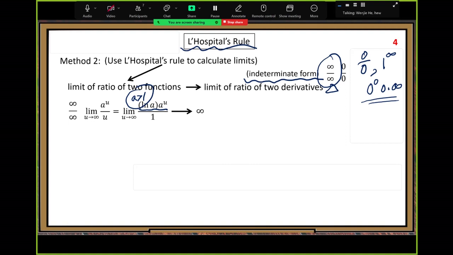So the answer is infinity. By L'Hopital's rule, we find this limit as u goes to infinity. That's the first way, calculated based on L'Hopital's rule. This is our first result.